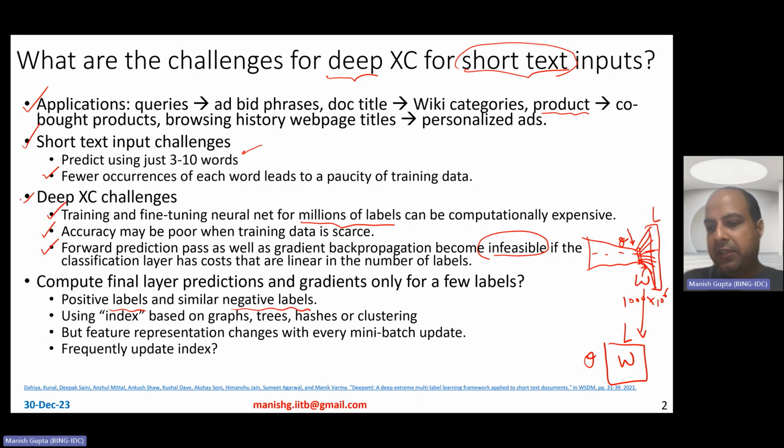If you have this matrix W, from a label perspective, maybe you can take only a few positive columns and a few negative columns, not all the columns, because all the columns are too many. So take only a few positive and a few negative columns, and only update those weights. At inference time also you do the same: you infer only for a few candidate labels.